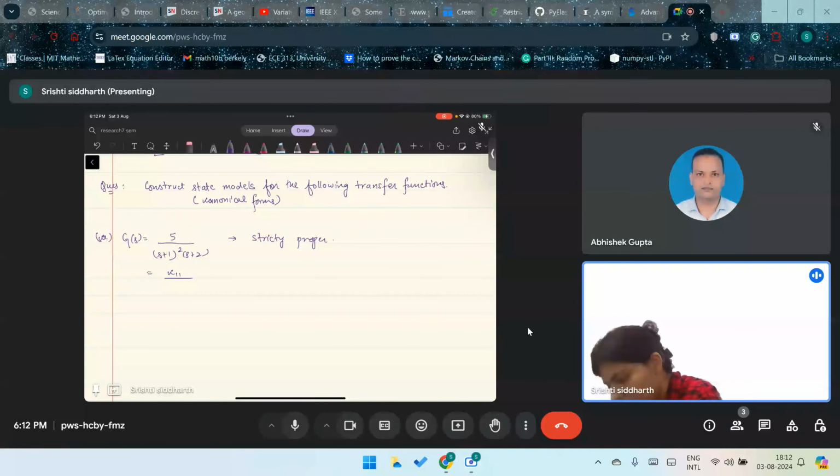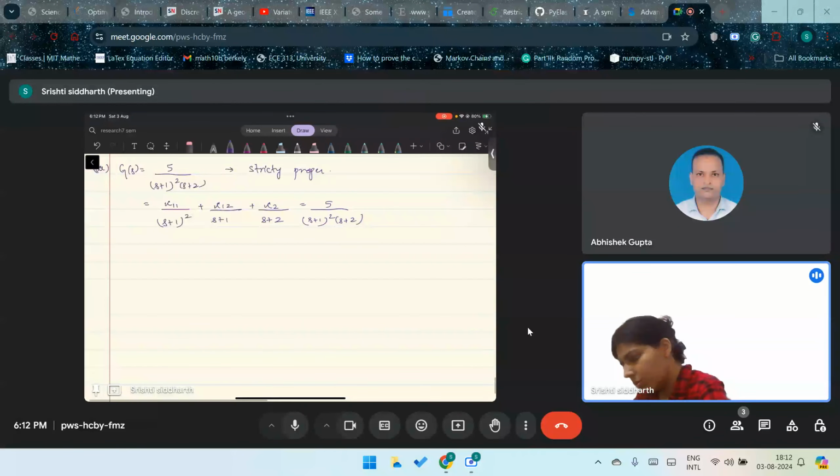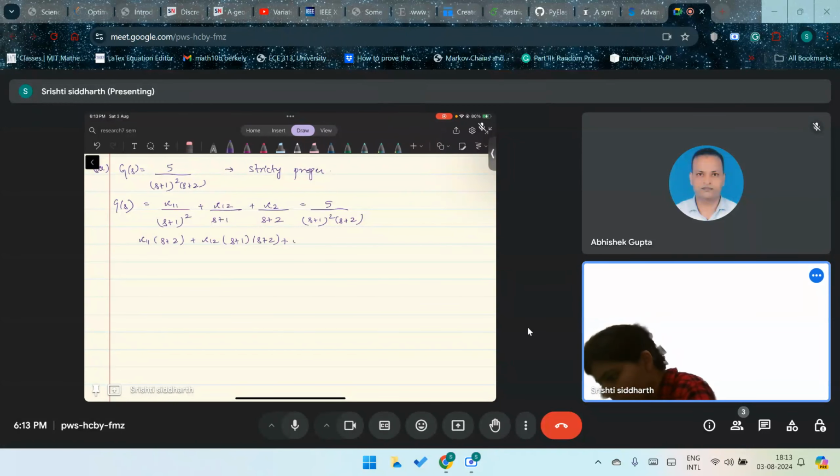So we have the partial fraction expansion. Then we have 5 over s plus 1 squared s plus 2. Now let's simplify this. We have C11 times s plus 2 plus C12 times s plus 1 and s plus 2, plus C2 times s plus 1 squared.